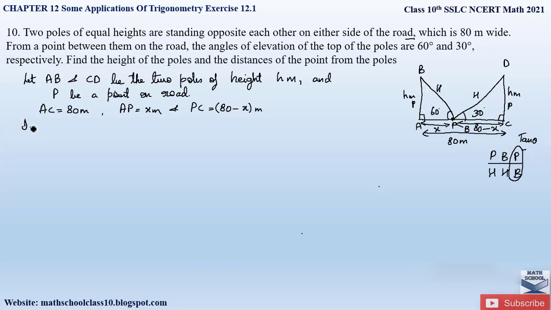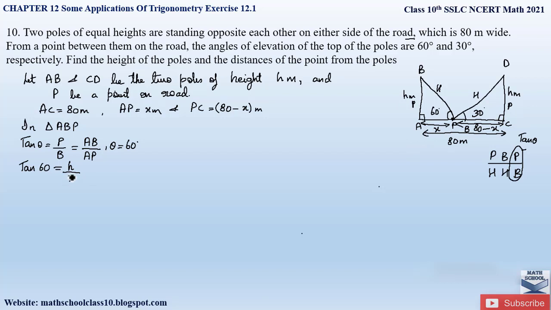So in triangle ABP, tan theta is equal to perpendicular by base, where our perpendicular is AB and base is our AP, and the theta value is 60 degrees. So tan 60 is equal to, what is AB? It is the height. Let us write down h divided by AP, which is x, right?